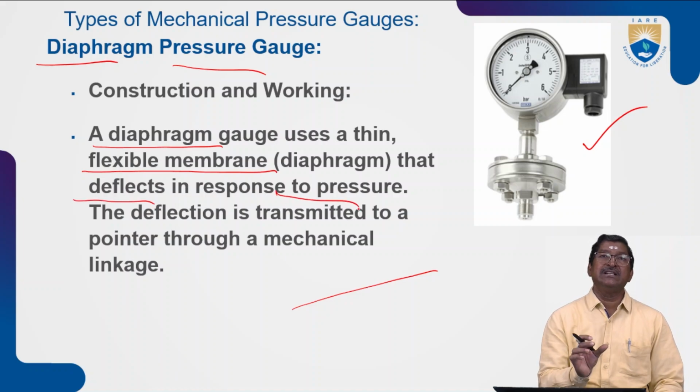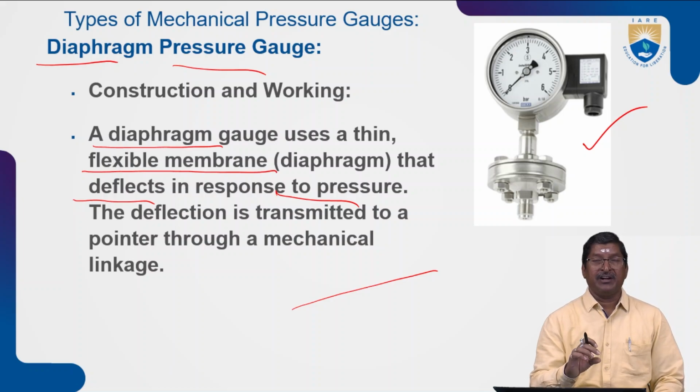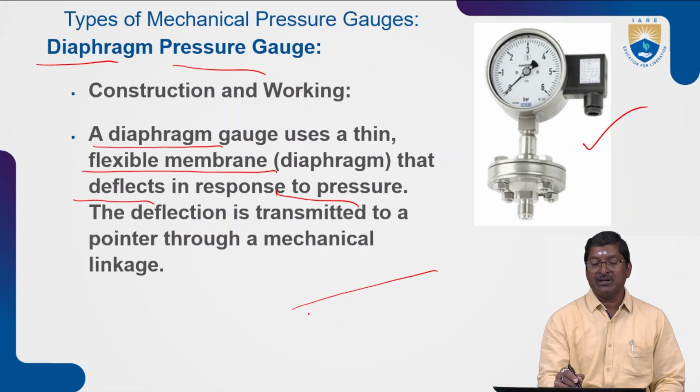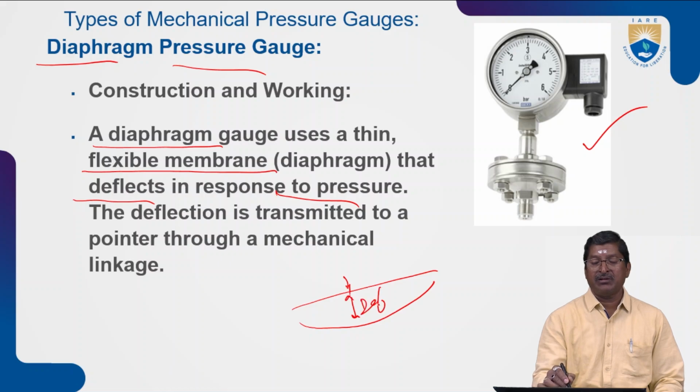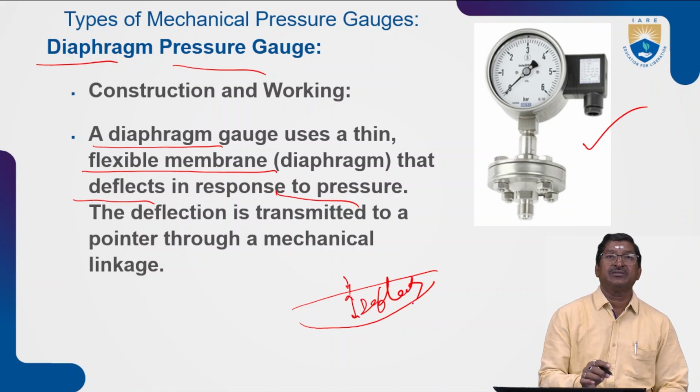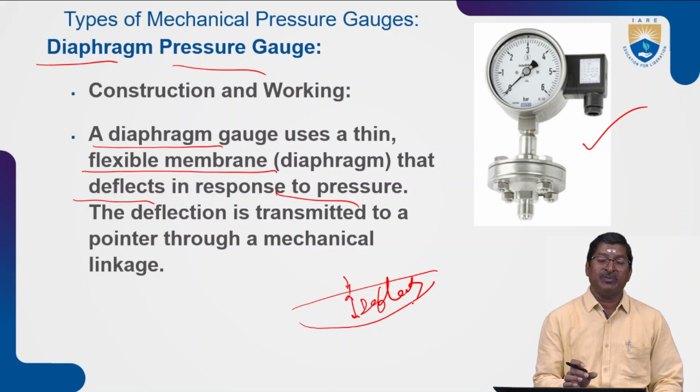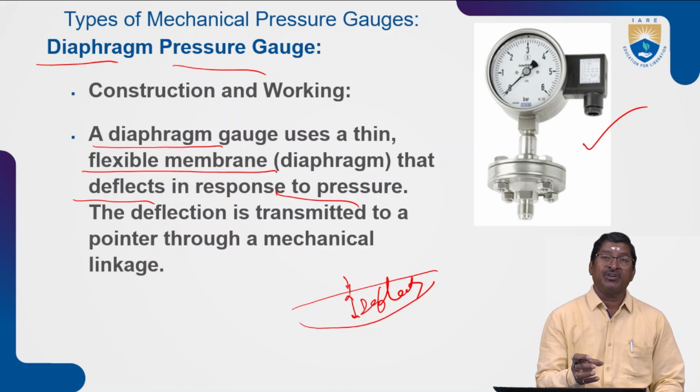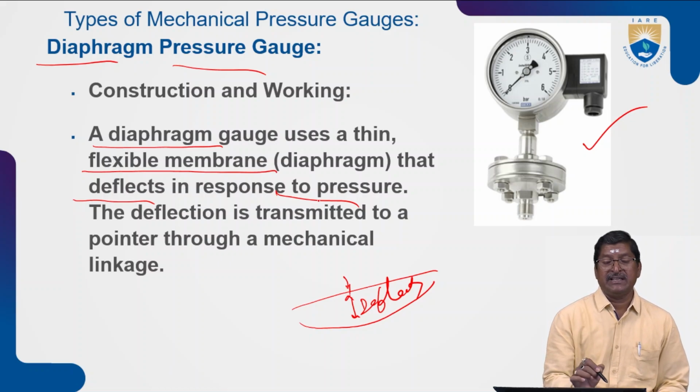So this thin sheet, this flexible membrane, the diaphragm, will bend or deflect. Deflect means, if you apply force, it will bend like this. This is called deflection. Because of the application of pressure, the flexible membrane will deflect depending upon the existing pressure.